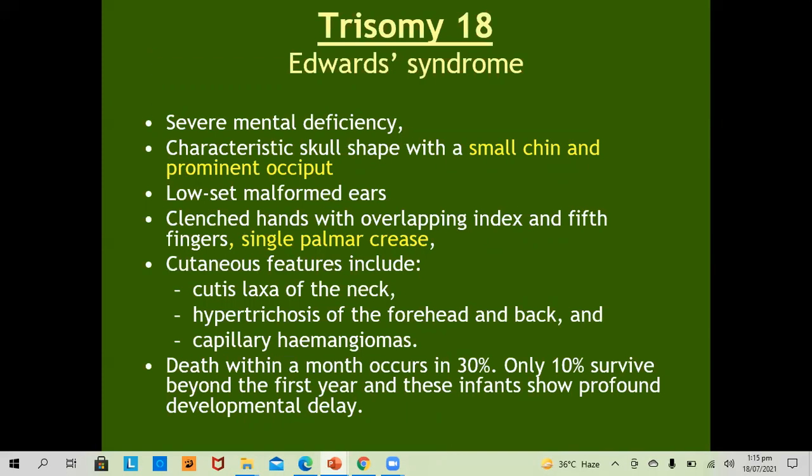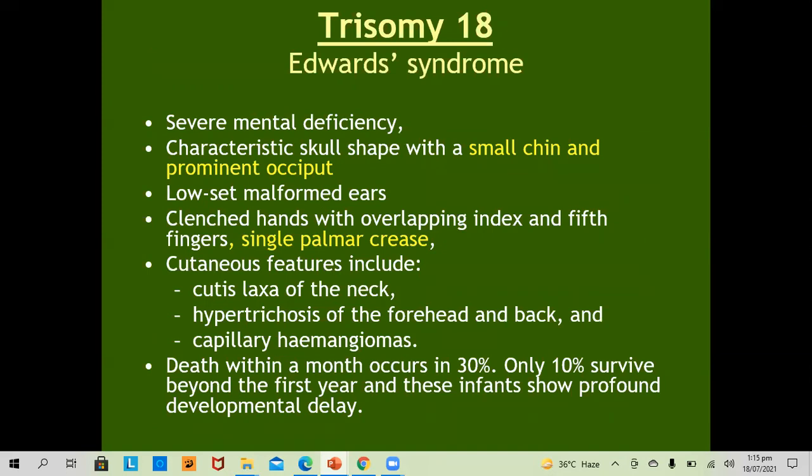The second syndrome that comes in the category of autosomal chromosomal disorders is trisomy 18, also known as Edwards syndrome. This syndrome is characterized by severe mental deficiency and characteristic skull shape with small chin and prominent occiput.